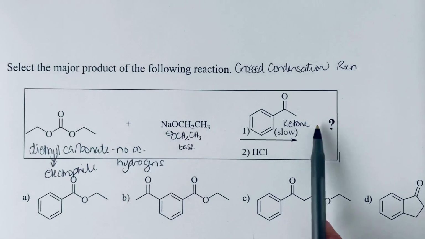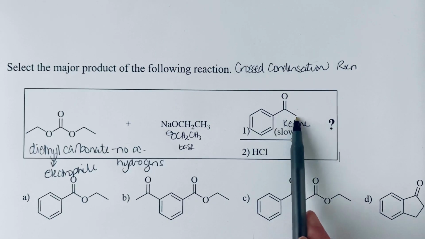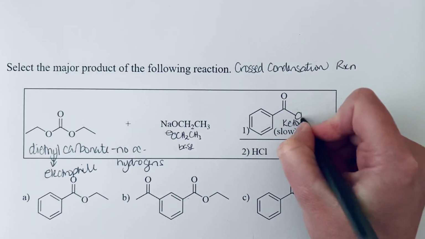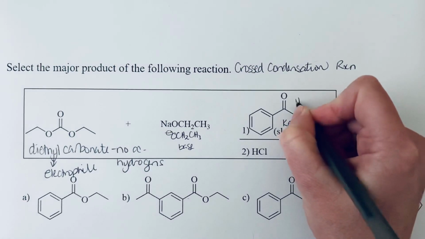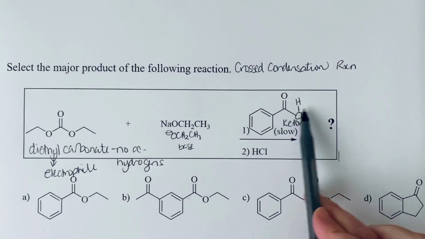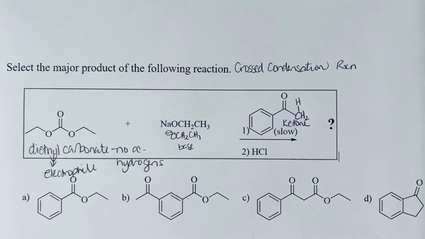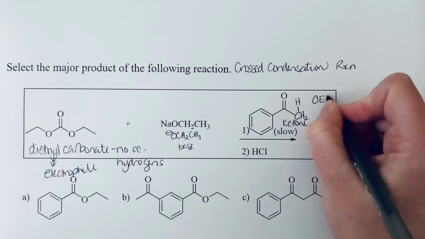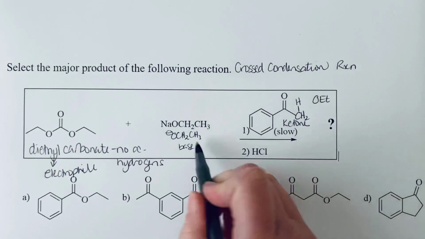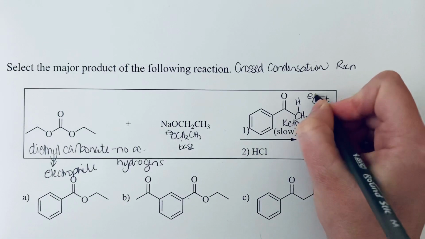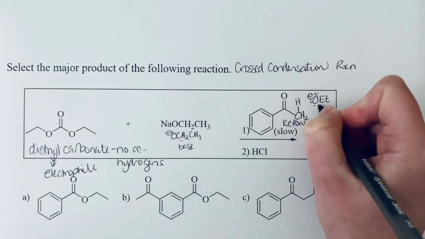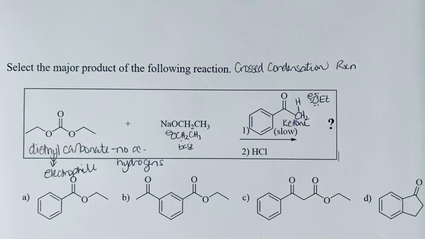And if we take a look at this ketone, we only have alpha hydrogens on one side. So what we're going to have take place first is we're going to remove that alpha hydrogen to give us an enolate. So this can react with the base. We will just draw this as OEt, Et being the abbreviation for ethyl, and we can remove that hydrogen to form the enolate.